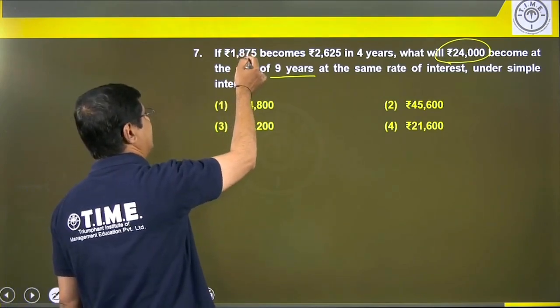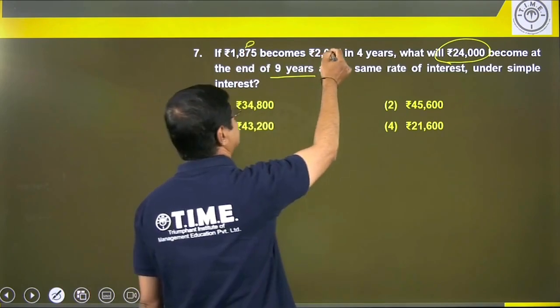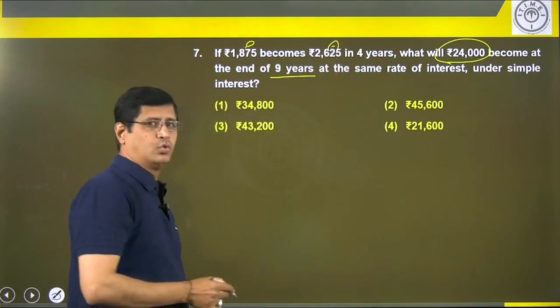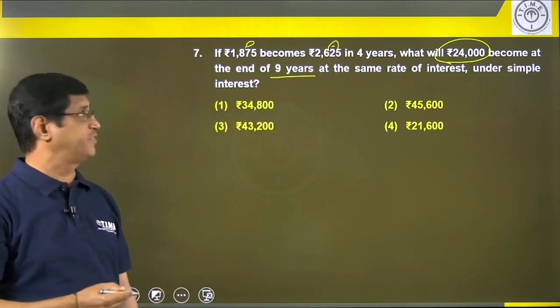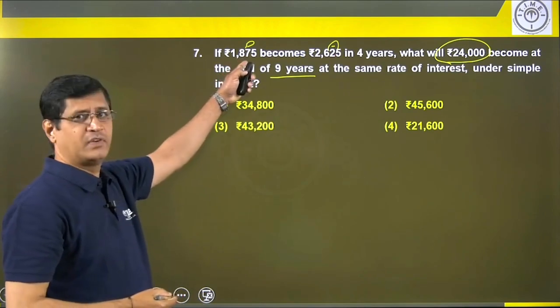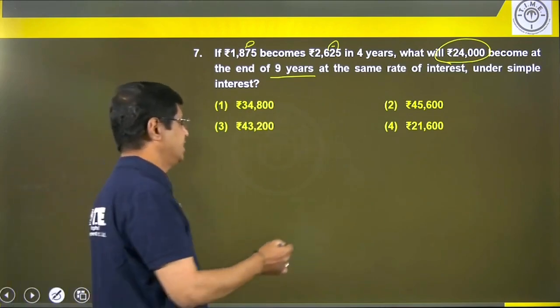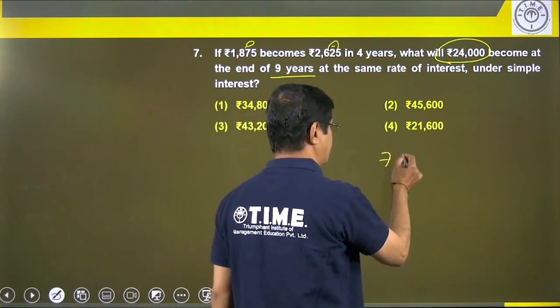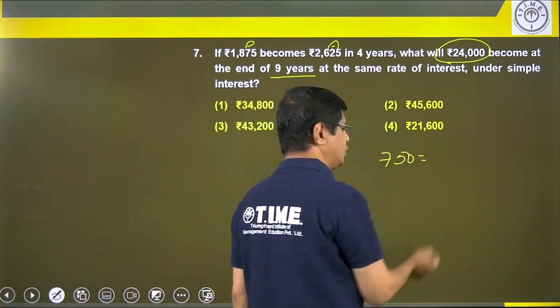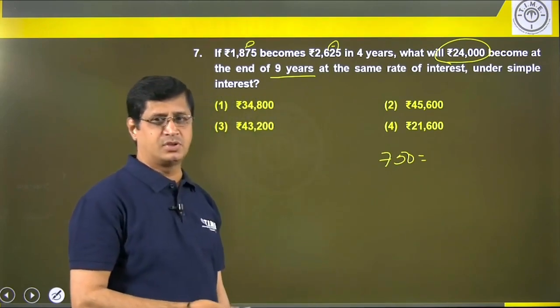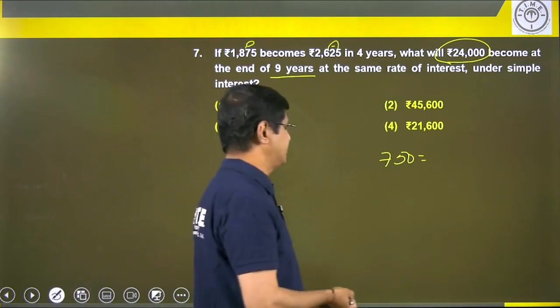Principal is 1875, amount is equal to 2625. How much is the difference? The value of interest is equal to 2625 minus 1875, that is 750.